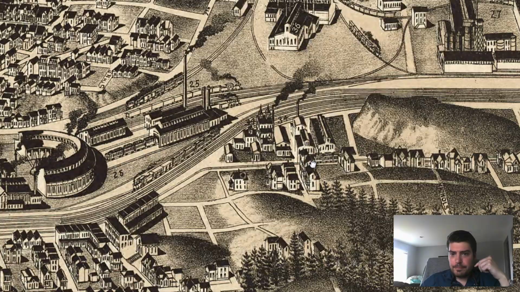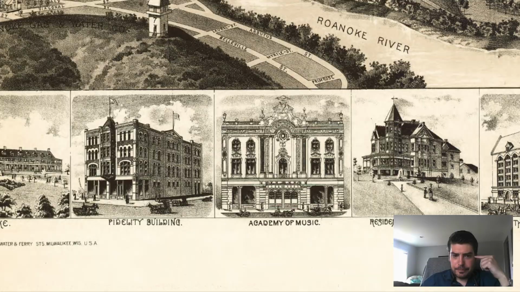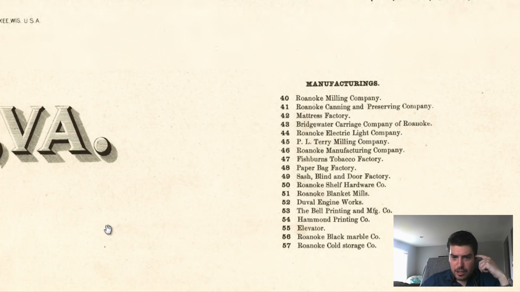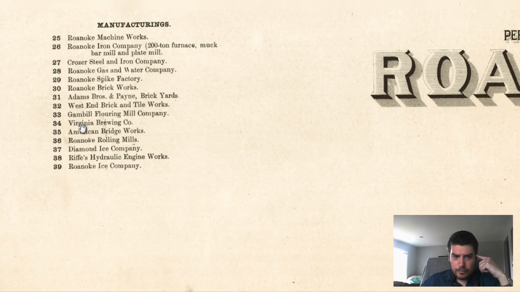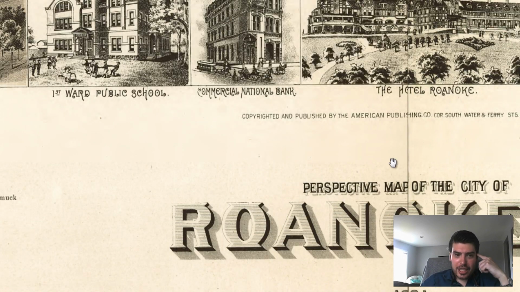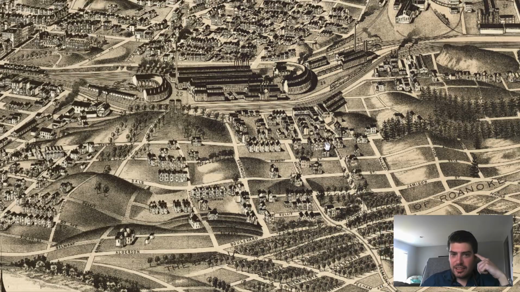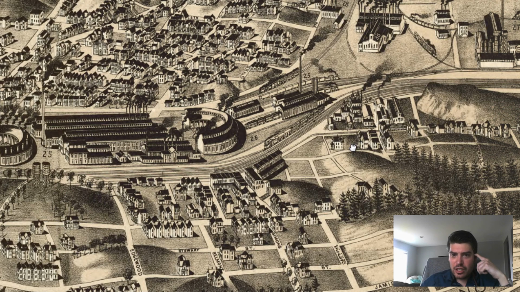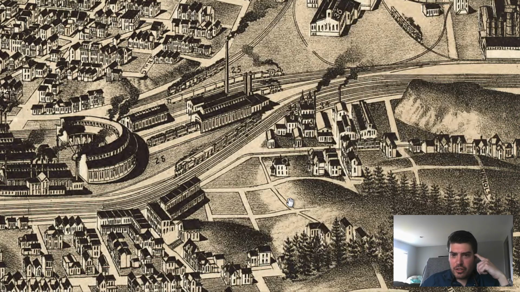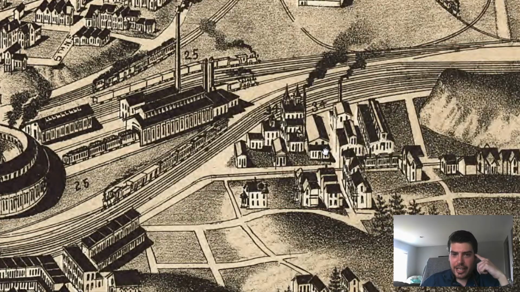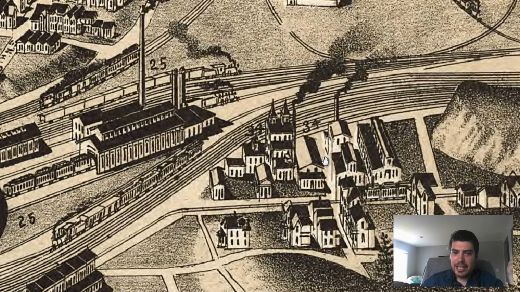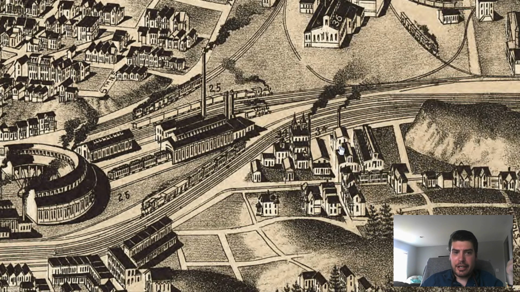Let's look at 34. Virginia Brewing Company. We got a brewery. Very close to that. Where do we see that? Oh, right here. Next to the rail line. Man, they need to get beer out. So brewery right here.